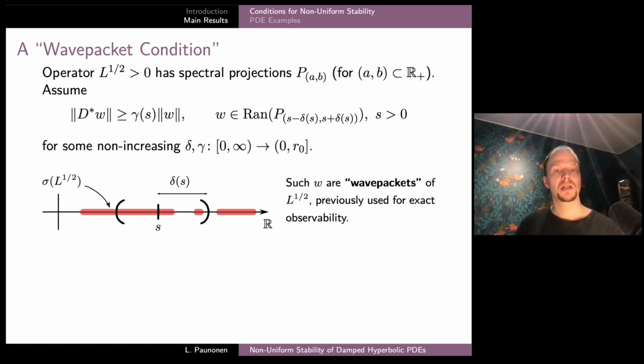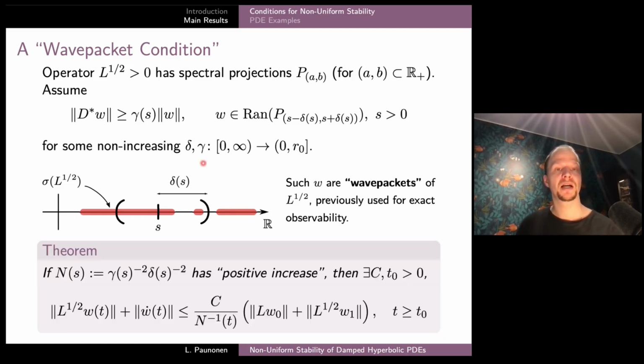And our main result involving the Wavepacket condition is that if L and D are such that this indeed holds for some functions gamma and delta, then our abstract differential equation is non-uniformly stable. And moreover, we can again deduce a rate of decay for the solutions of this equation.